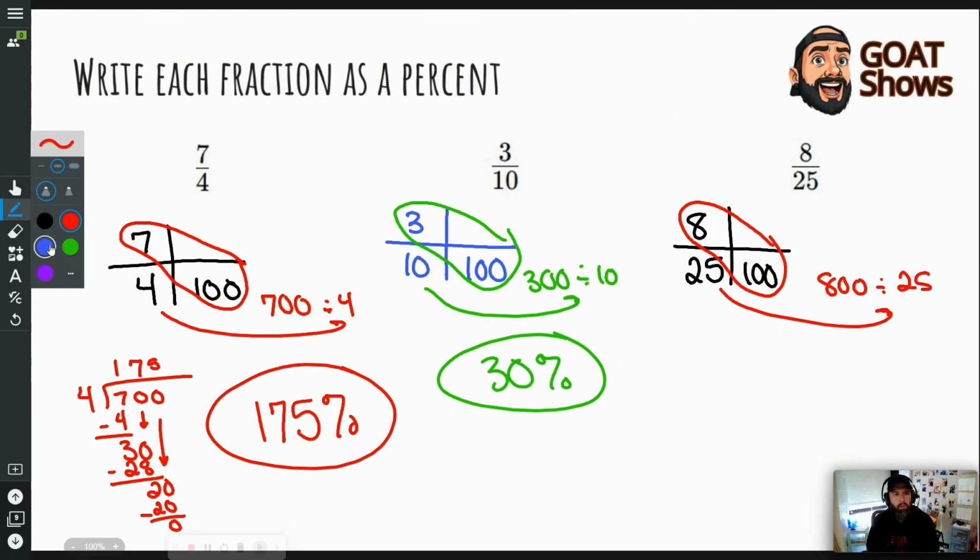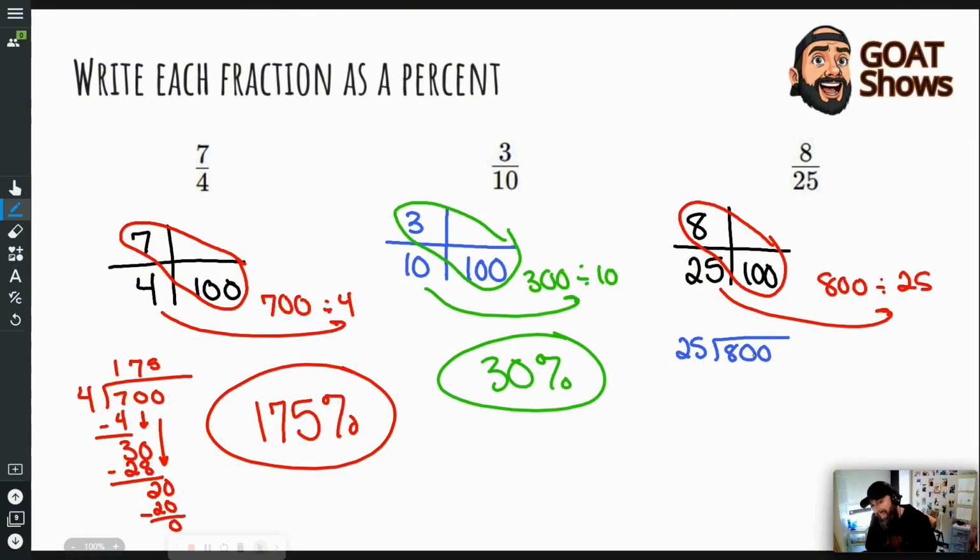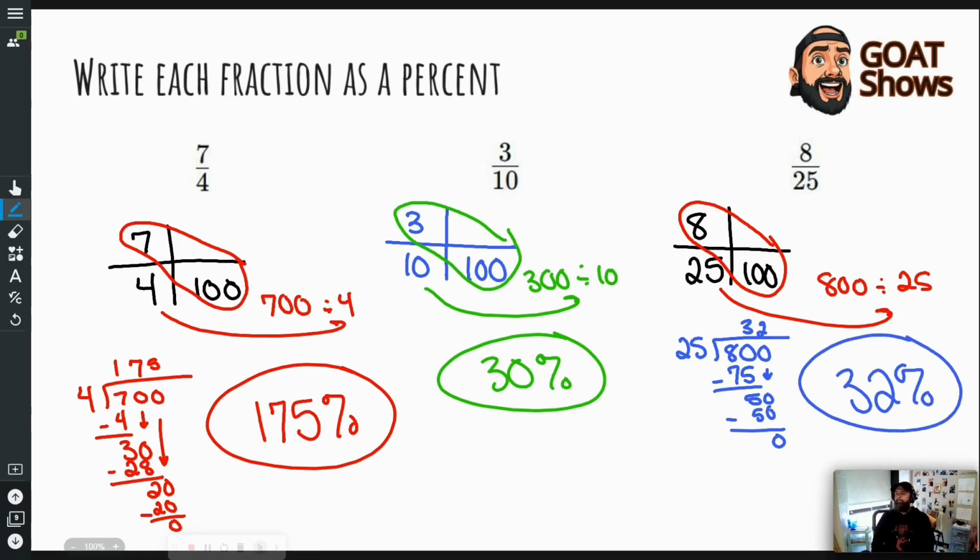So let's go off to the side here and do 25 going into 800. 25 goes into 80 3 times, because 3 times 25 is 75. Subtract, you get 5, drop down the 0. 25 goes into 50 2 times, because 2 times 25 is 50. Subtract, with no more numbers to drop down and no remainder, you get 0. So that number, 32, is going to be our percent. 32%.